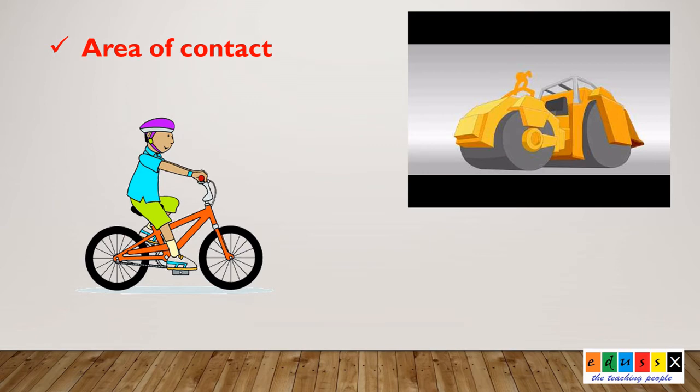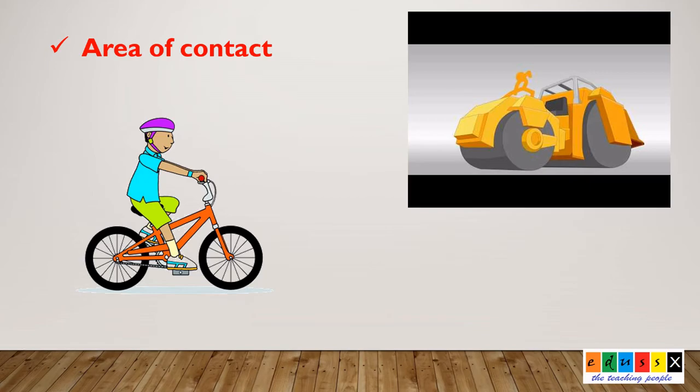You all understood? Also, a cycle has the least friction since the area of contact of the tire with the surface is less. So now we have discussed the major points.